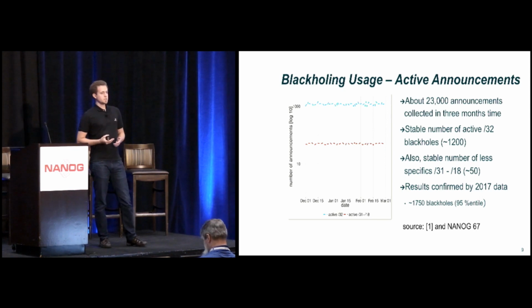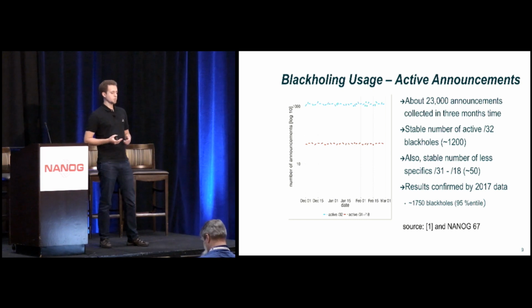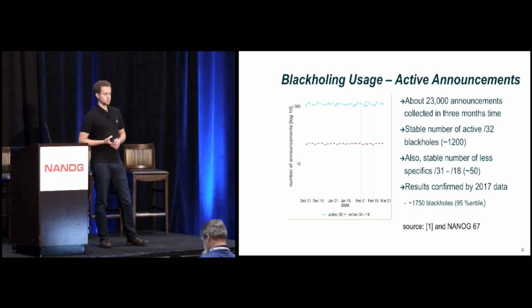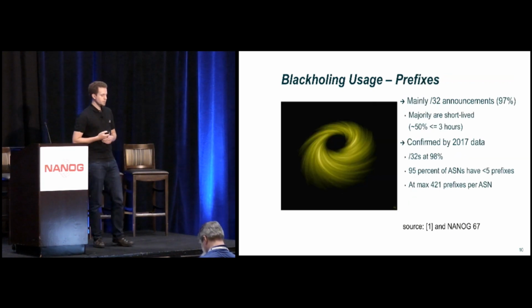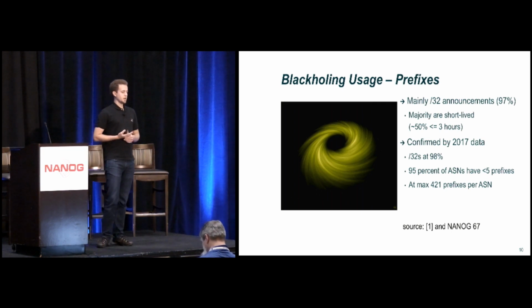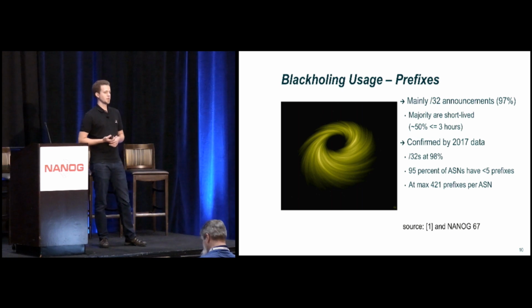On the 2017 data, we see numbers increased by a bit. We're now seeing 1,750 blackhole announcements. That's a 95th percentile of the amount. And then what kind of prefixes are announced? It's mainly host routes. It's mainly /32s, 97%, and they're very short-lived.